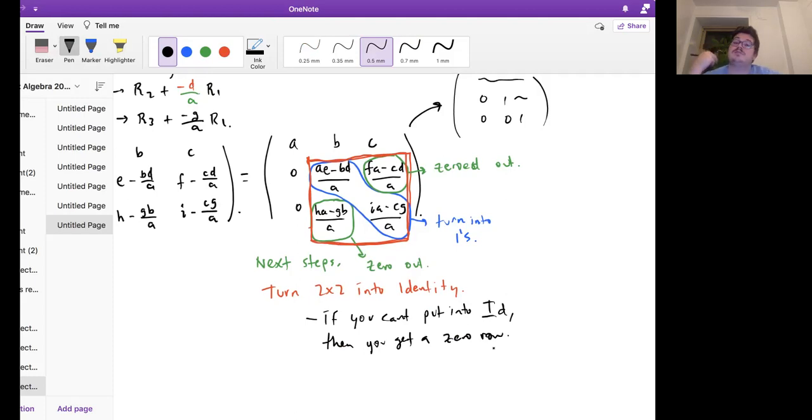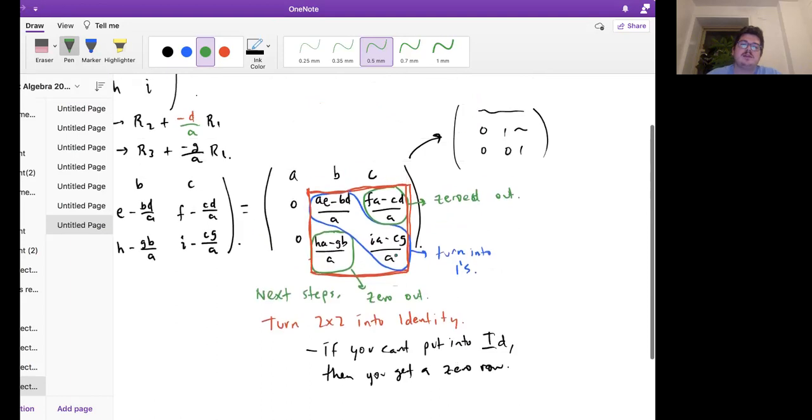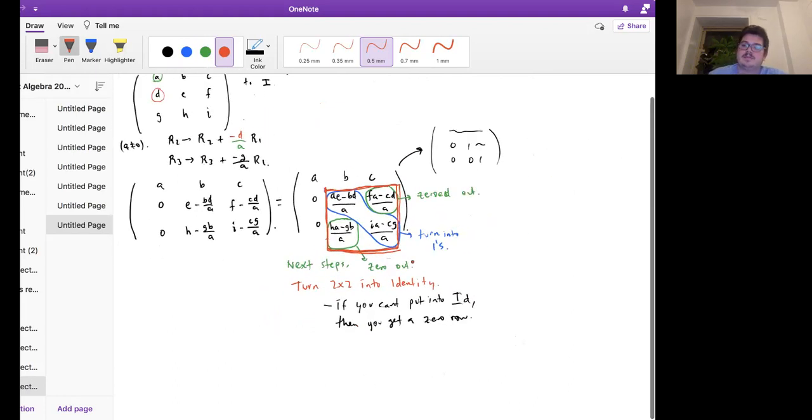So what does that imply about the 3 by 3 as a whole? If you get a 0, 0 in these bottom 2 entries here, what does it tell you? The whole thing doesn't have an inverse. So is it safe to say that the determinant of this 3 by 3 must depend on the determinant of this 2 by 2? Does that make sense?